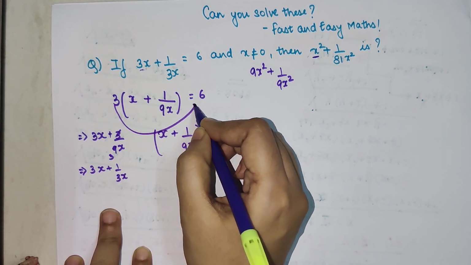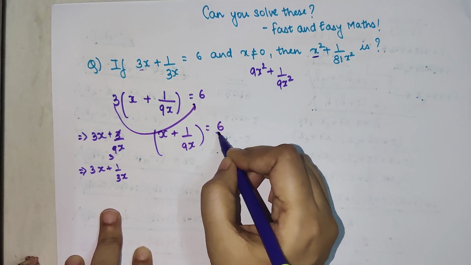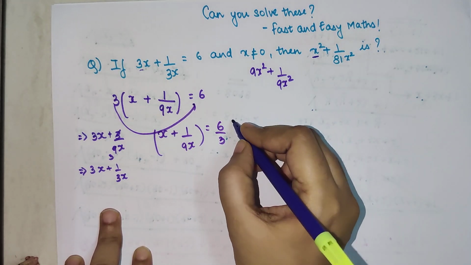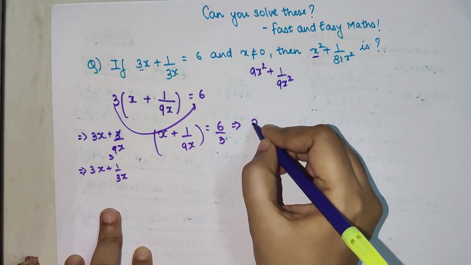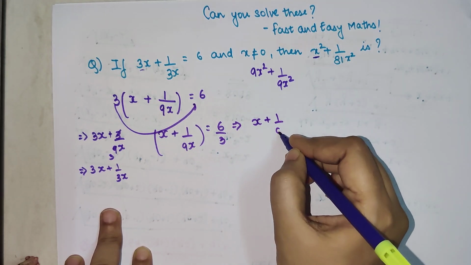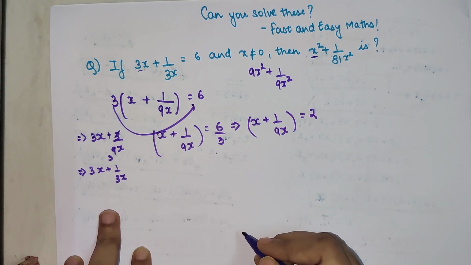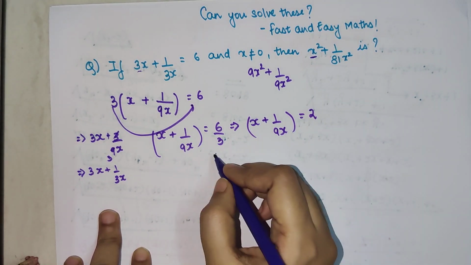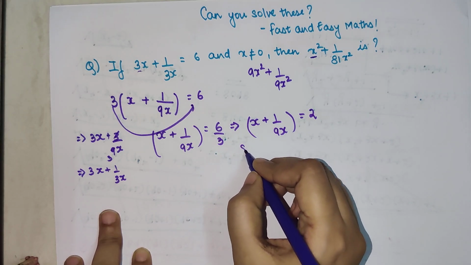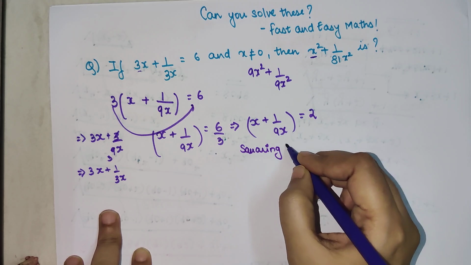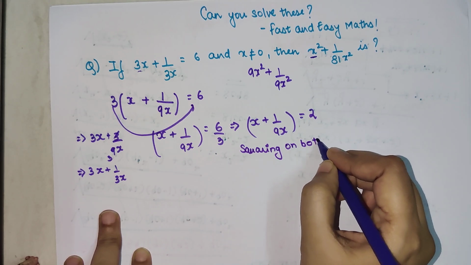When I shift it to the other side, your 6 gets divided by 3. So your answer now changes to x plus 1 upon 9x, the whole, is equal to 2. And now I take squaring on both sides.